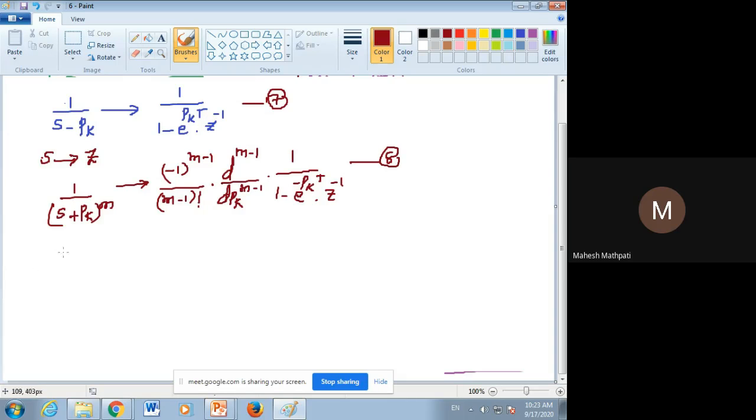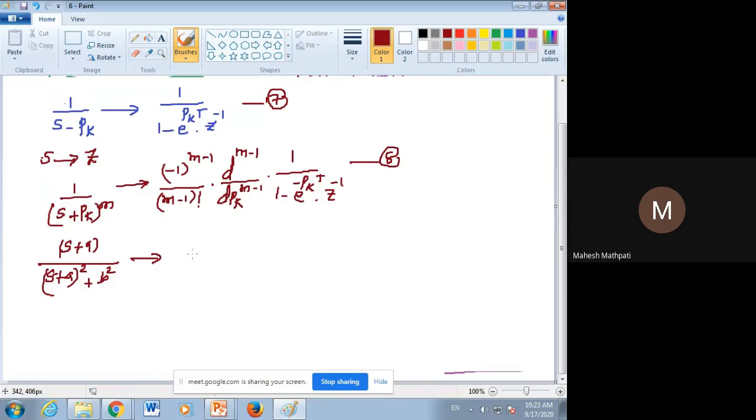Then further we have one more form, that is s plus a divided by s plus a square plus b square.